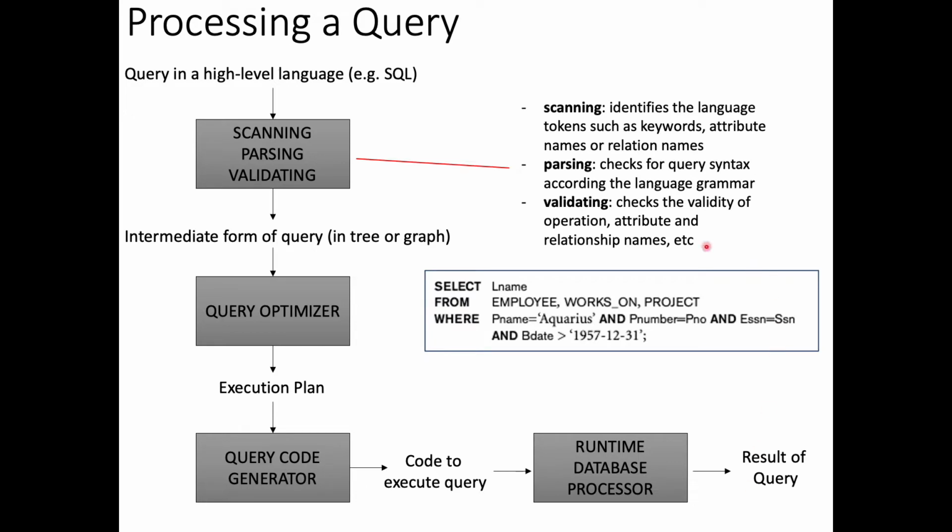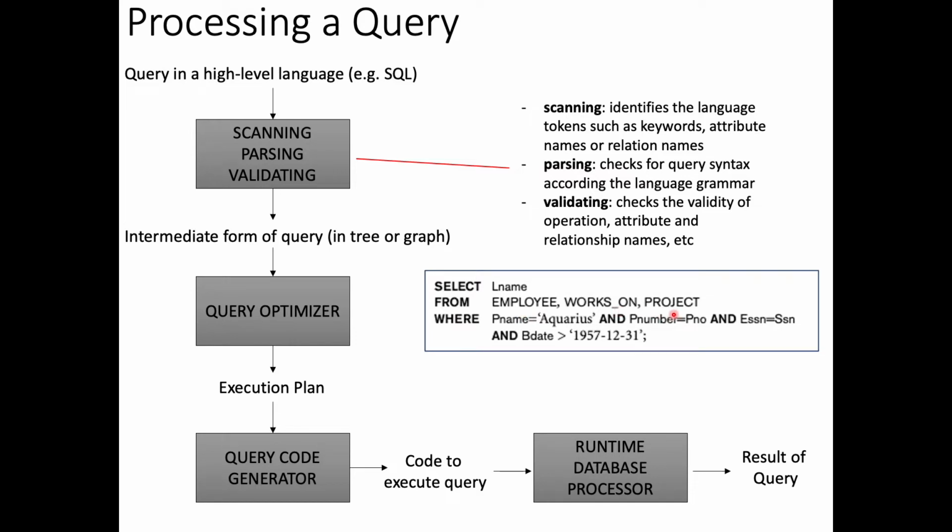Okay, so let's go to the specifics. So given an SQL code, scanning identifies the language tokens such as keywords, attribute names, and of course relation names. So for the keywords, we have select, from, where, and then for the attribute names, we have P name, P number, etc. For the relation names, we know that employee, works on, and project are tables.